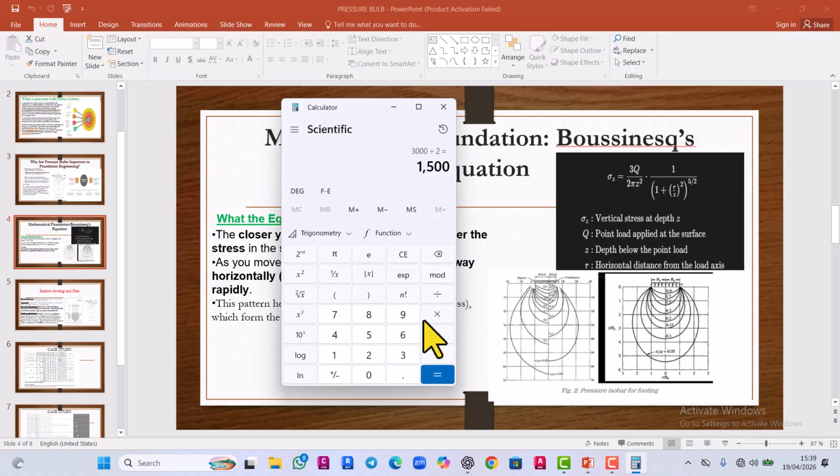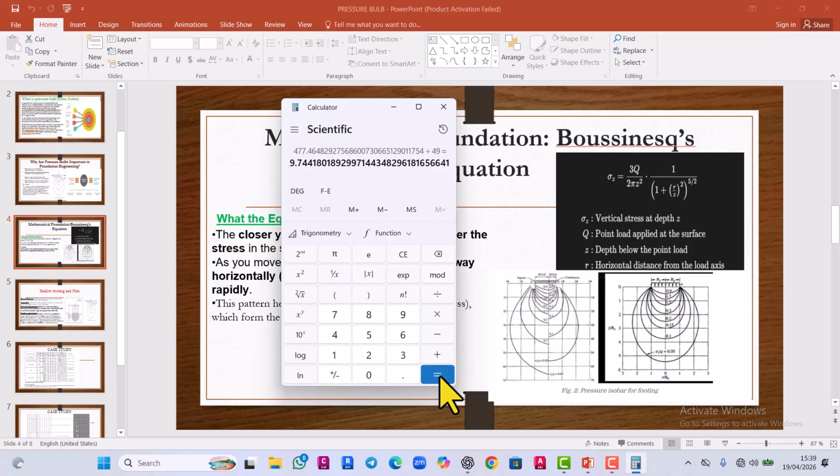Okay, divided by pi, then divided by, let's say you just take a depth of 7 meter. Let's take 7 meter, and 7 square is 49, right? So divided by 49.